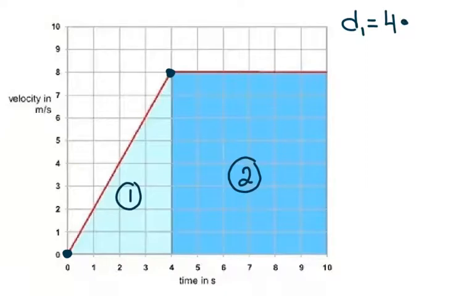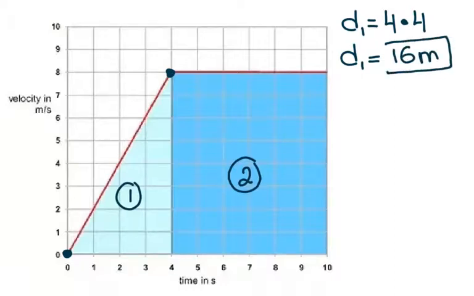And the time it took is 4 seconds. So the distance traveled in 1 is 16 meters. And if you calculate the area underneath, you have 1/2 the base, 2, times the height, 8, gives you 16.